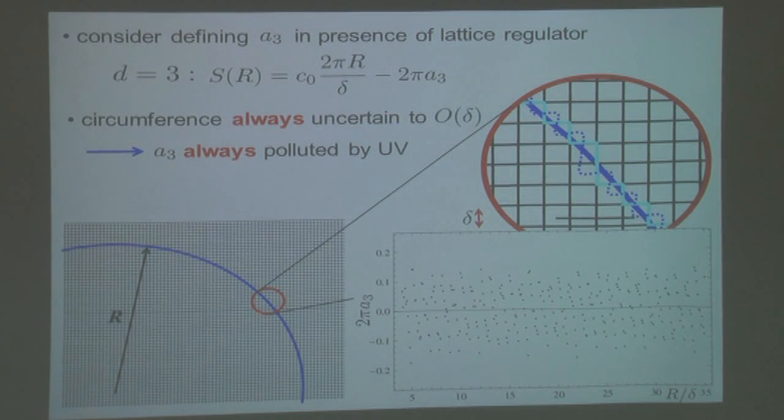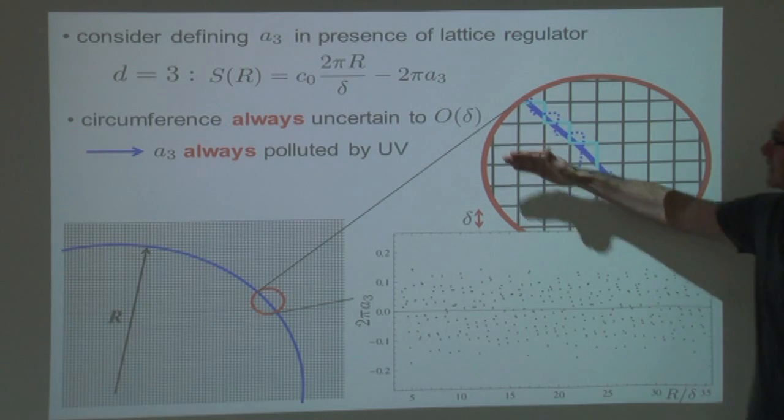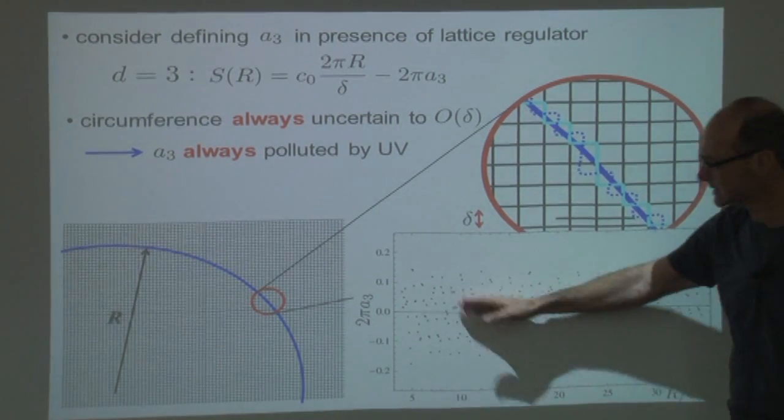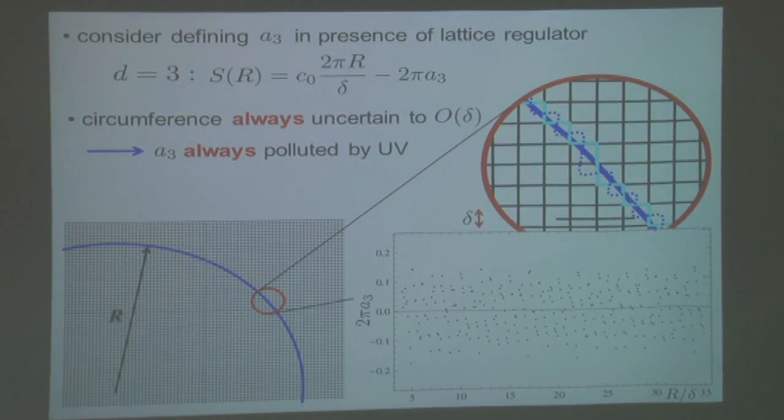And if that hand-waving argument wasn't convincing enough, here's a calculation where you put a free scalar field. I won't go into the details because we're running late, but here we're trying to identify this constant, and I'm varying the size of R, and what I see is that it's scattered all over the place, and it doesn't seem like I'm converging in any way to some particular value for this A3.